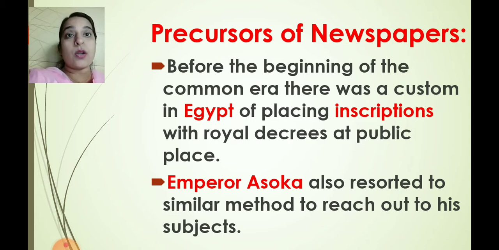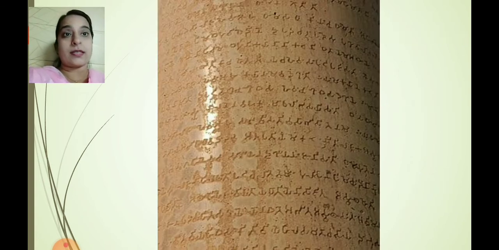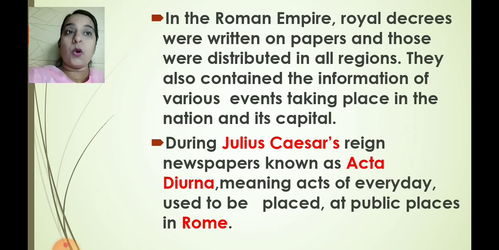They used to carve on pillars or stones. Similarly, Emperor Ashoka resorted to a similar method to reach out to his subjects, inscribing royal orders on pillars or stones. And in the Roman Empire, the royal decrees were written on papers and distributed in all regions. They also contained information on various events taking place in the nation and its capital.